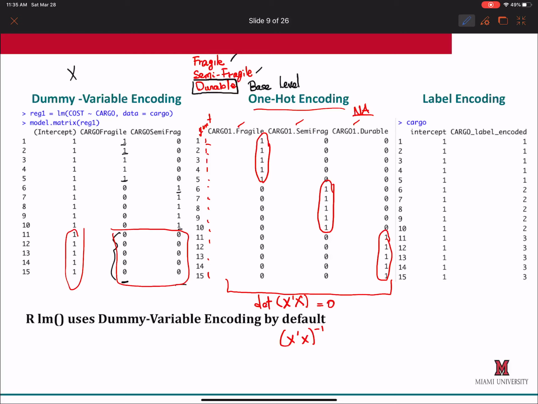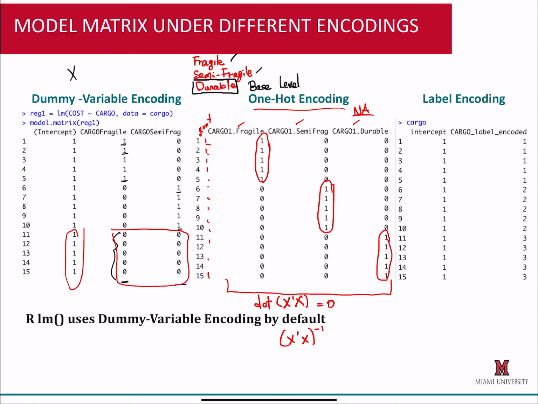So you have to select an encoding based on the different encodings that the particular package has. The label encoding, in this case, would be assigning maybe 1 to the fragile packages, 2 to the semi-fragile, 3 to the durable.